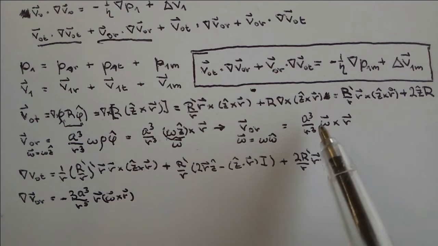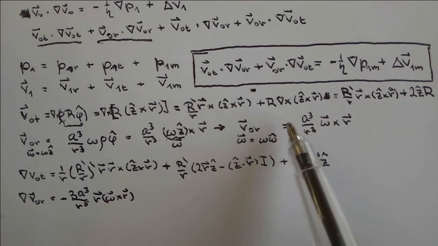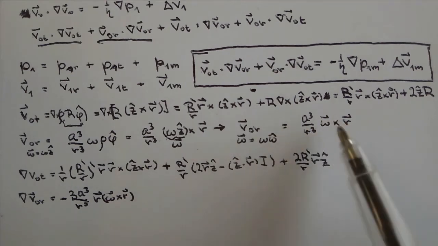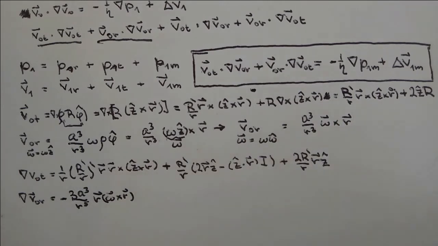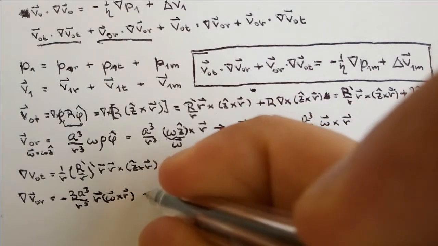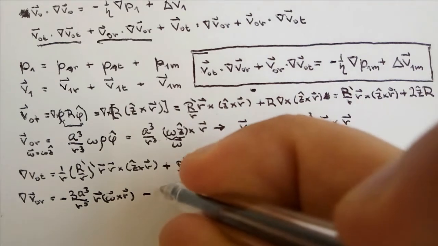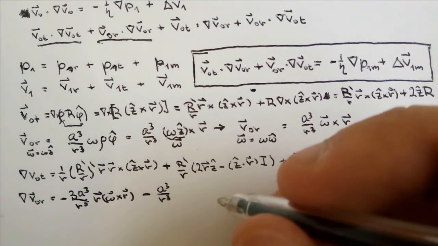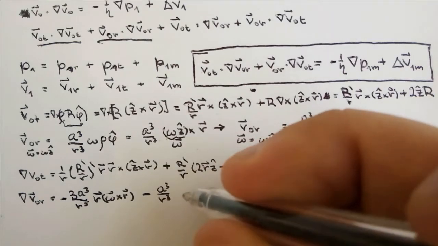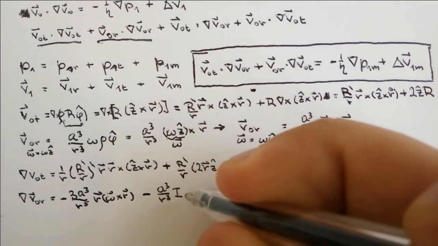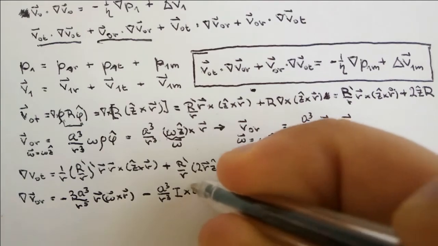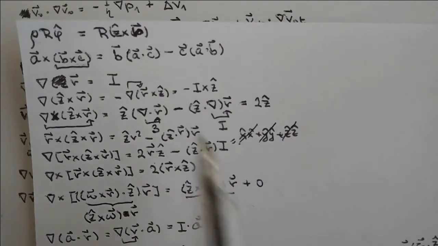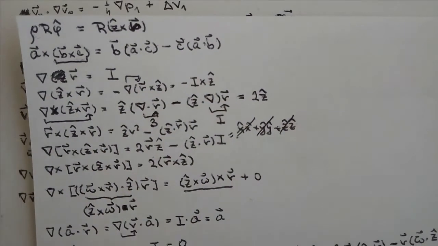The gradient of this is just minus I cross omega, which is minus a cubed over r cubed times I cross omega vector, which is the formula from here, minus this.